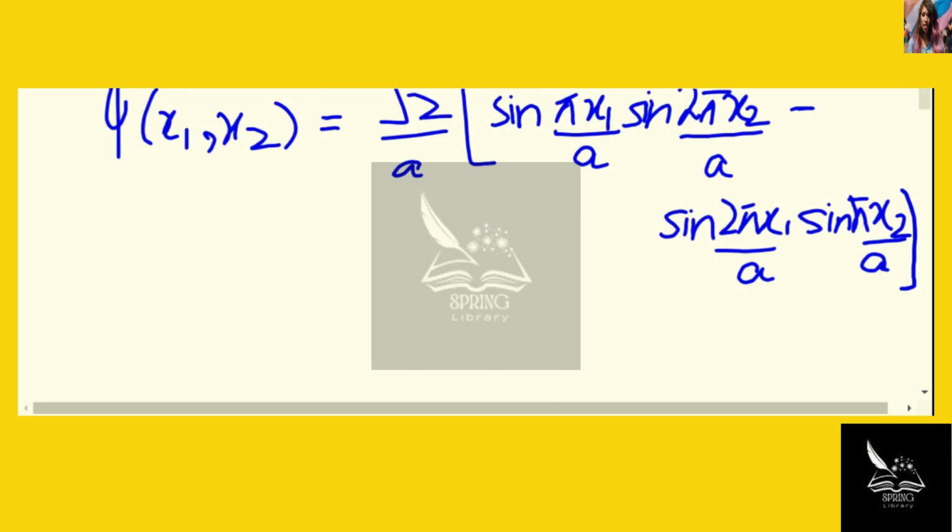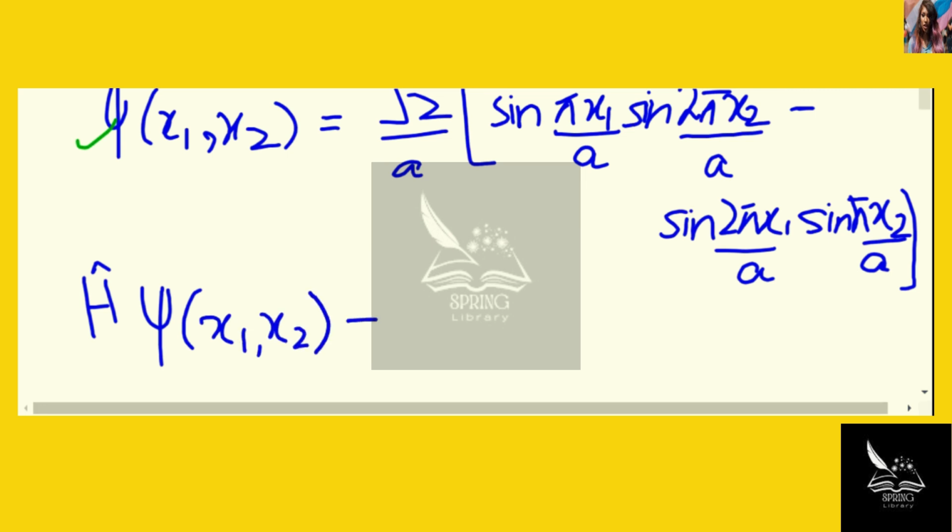So this equation would become Hamiltonian of the wave function x1, x2 equals E times the wave function x1, x2.